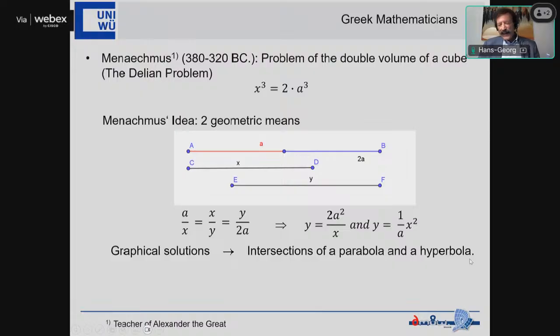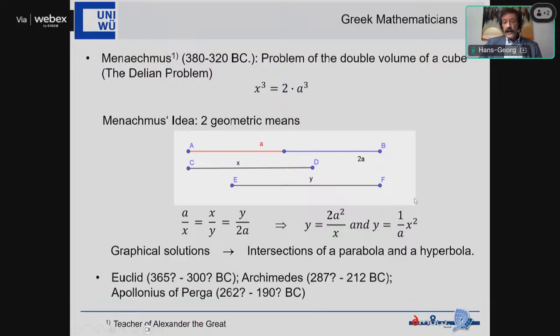And it's not quite sure whether he already had known that this is really an intersection between a plane and a cone, but these concepts appeared the first time in history in mathematics. And then Euclid, Archimedes, Apollonius, they already knew a lot about conic sections. They found all the properties.